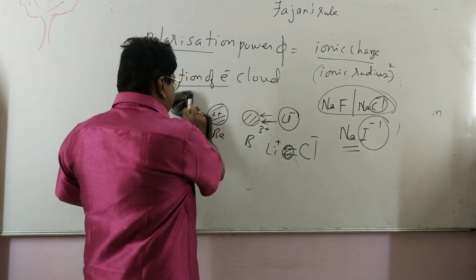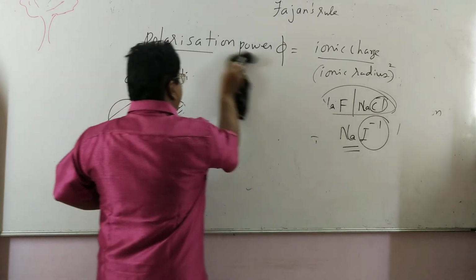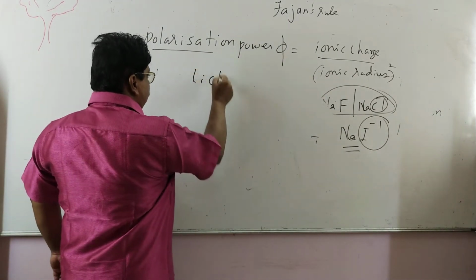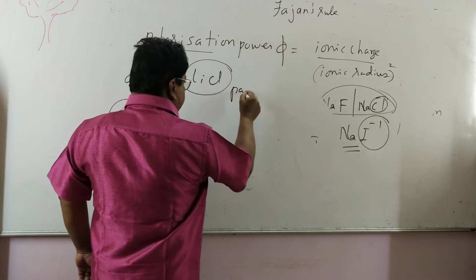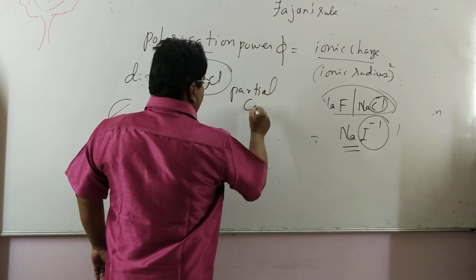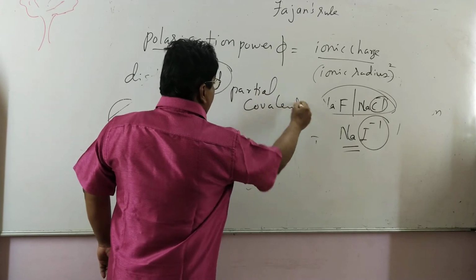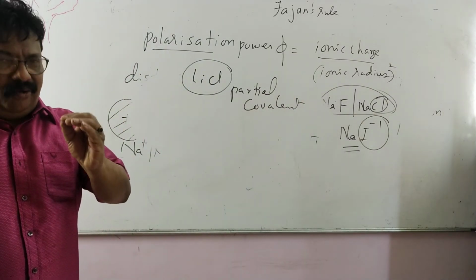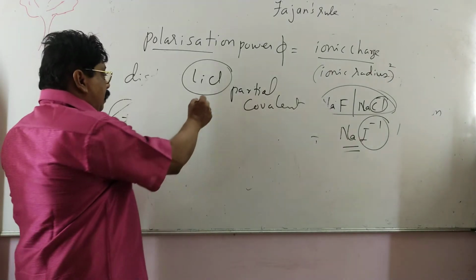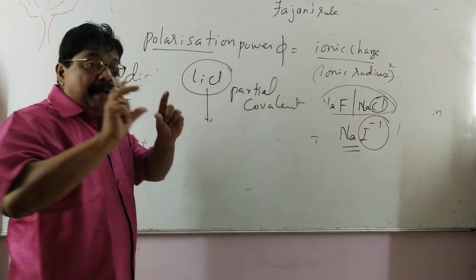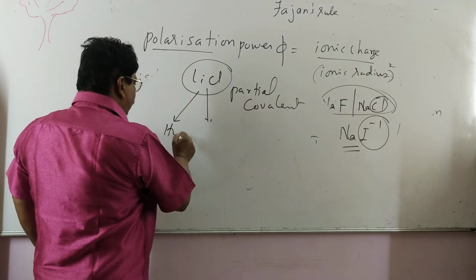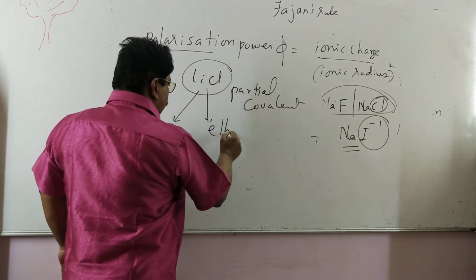In the same way, if you take lithium chloride, I told you it is partially covalent. The nature I am talking about, a little covalent character will be there. So it will be sparingly, meaning slightly, soluble in water as well as in alcohol.